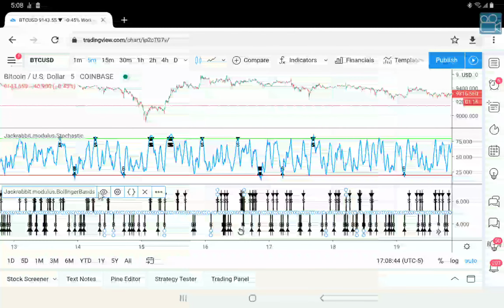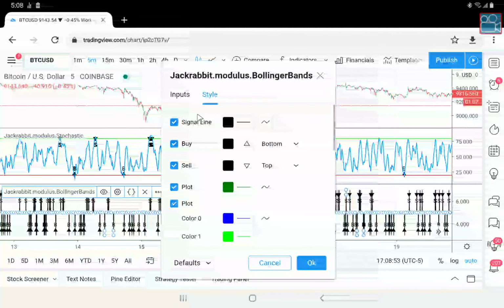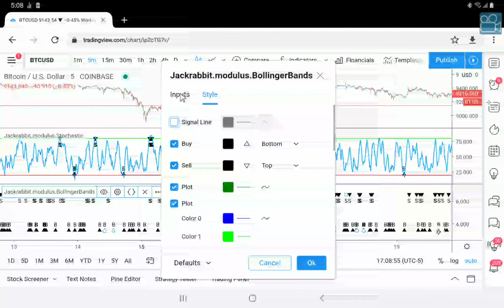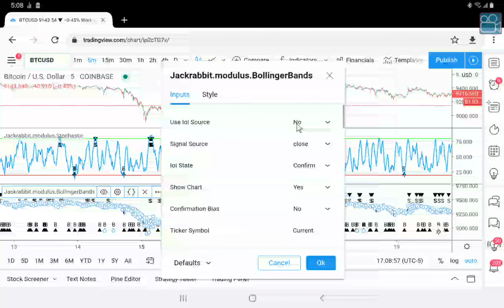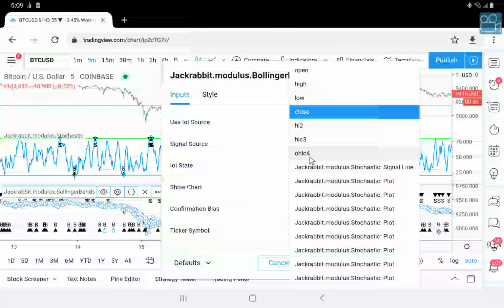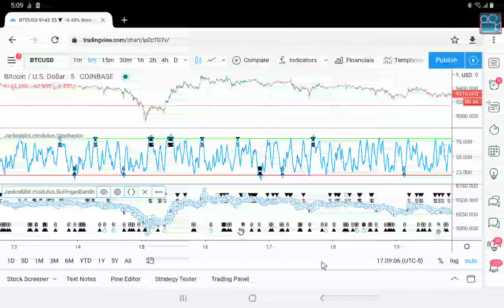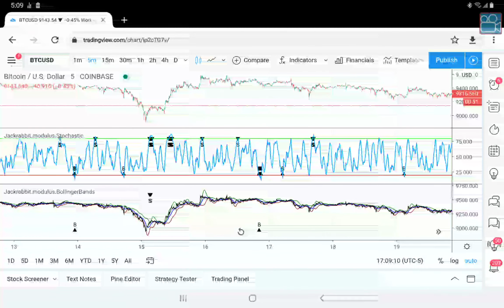Standard signal line, I'm going to turn off, turn on the chart, and turn off the signal line. Now I'm going to go into the indicator on indicator, and I'm going to pull in the stochastic signal. So now we're going to actually have the combination of Bollinger and stochastic.